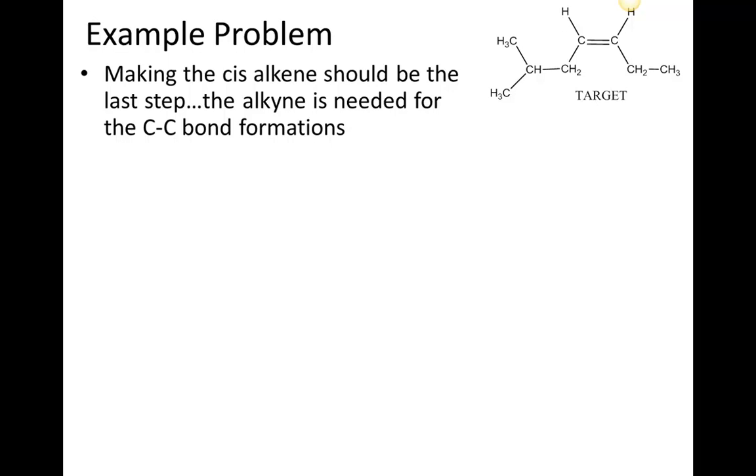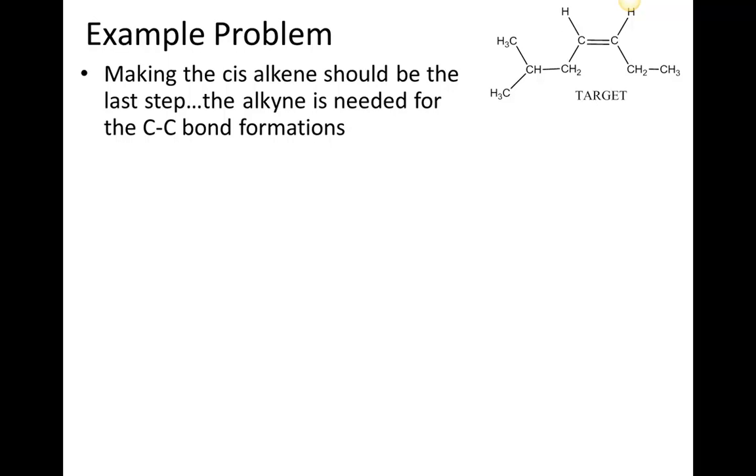So that tells us that if we want a cis alkene, we're going to reduce the triple bond to the double bond, the cis double bond. But you can't do that until you're through making your new carbon-carbon bonds. Why not?